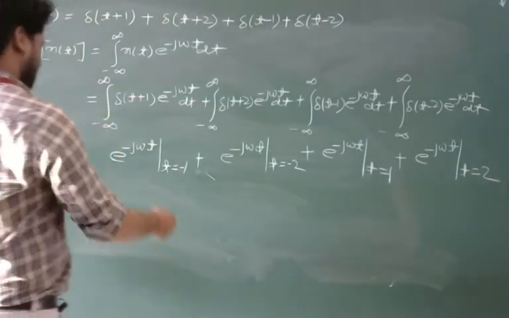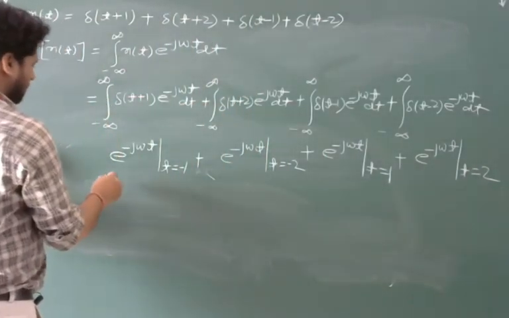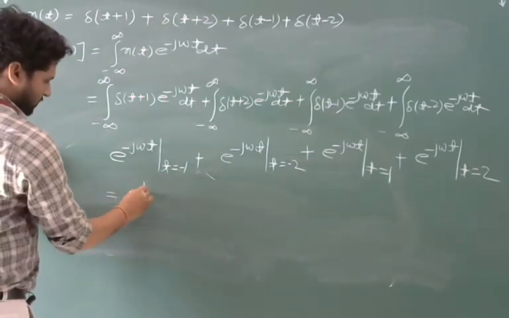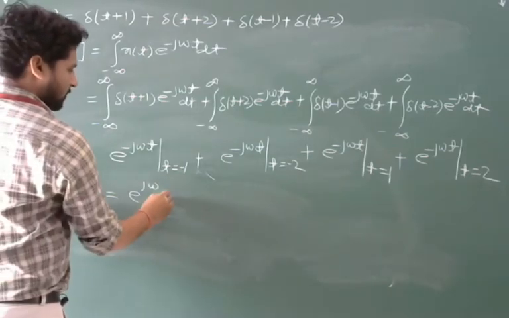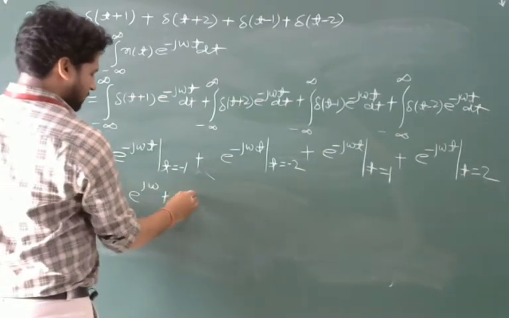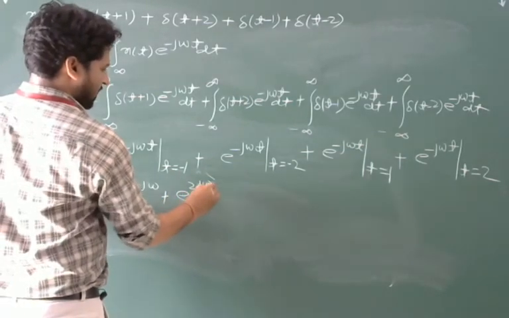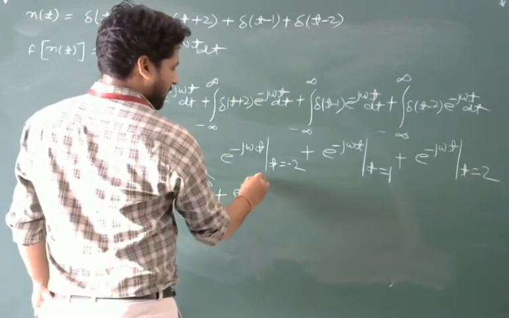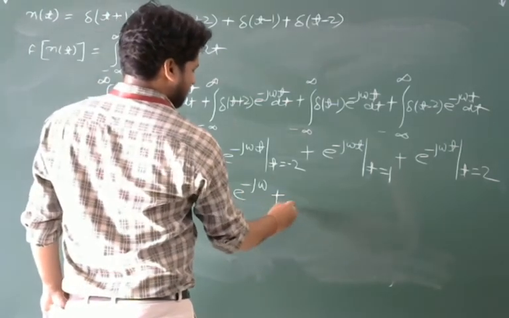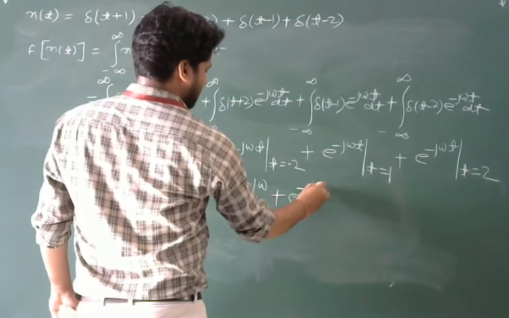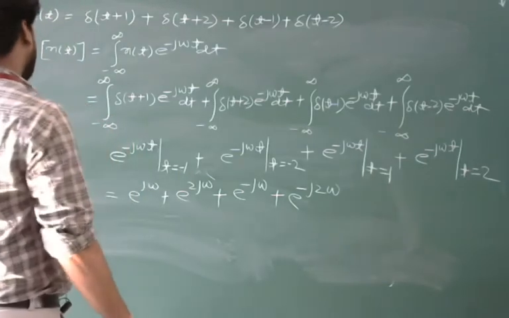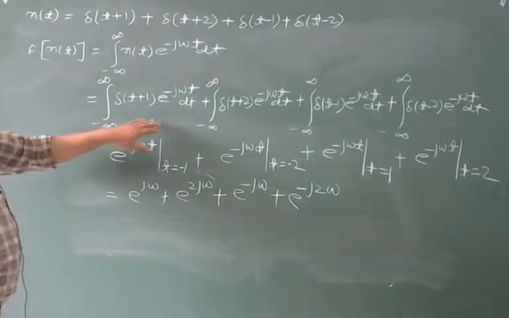Now put all these values of t, we will get e^(jω) + e^(2jω) + e^(−jω) + e^(−j2ω). This is what we will get after solving this integration.